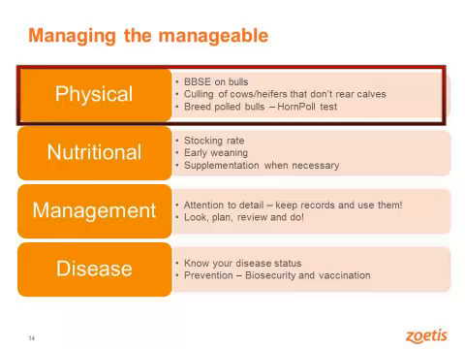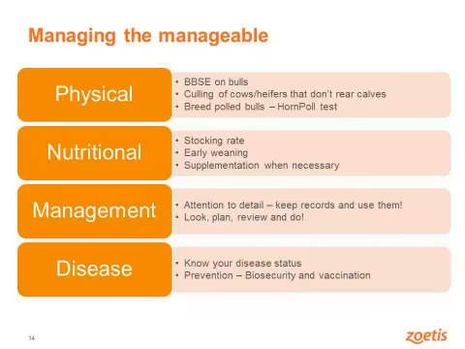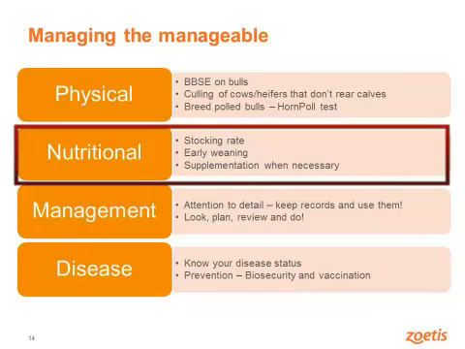Breeding poll bulls can now be successfully done using the horn poll test. This will hopefully over time reduce the need to surgically dehorn calves, removing another potential cause of calf losses. The next broad group is nutritional causes.